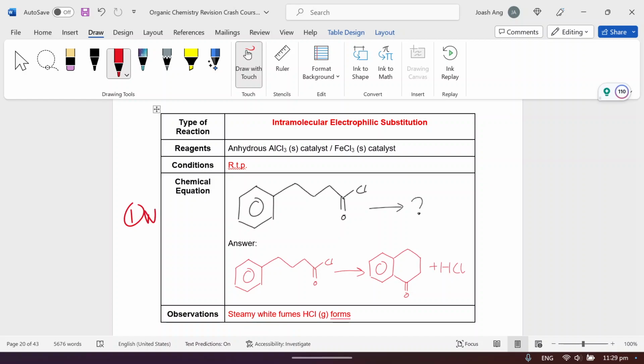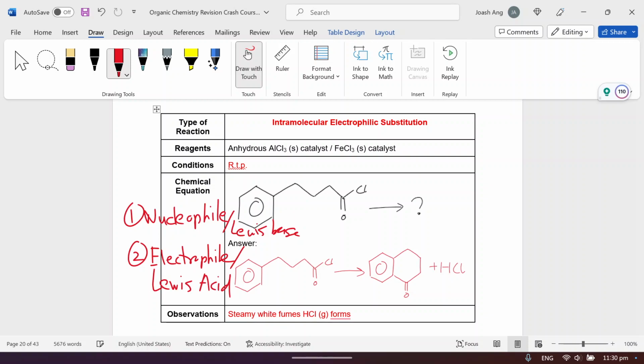So identify nucleophile as well as electrophile. Or you can also say Lewis base or Lewis acid.